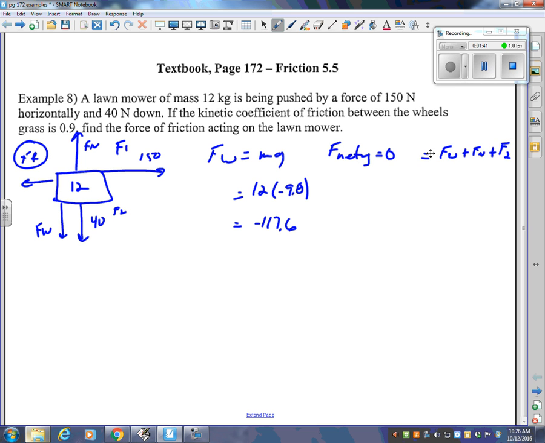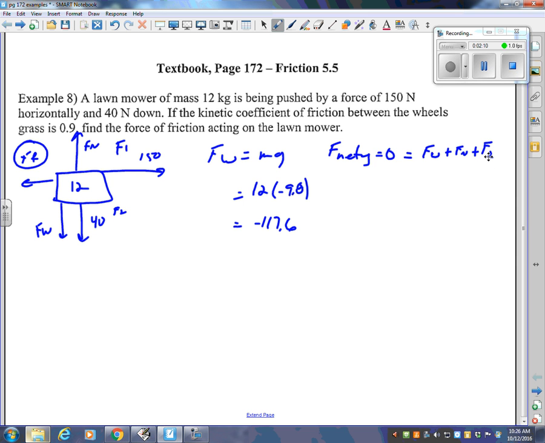So I put F2, you put FAY. Yeah, sure, call it what you want. The net force up and down is 0 because it's not accelerating up and down. It's a lawnmower on the grass, right? It's not flying up into the air or falling into the ground. It's 0. And that F net y is made up of the weight force plus the normal force plus the FAY, or the F2, the 40 newtons.